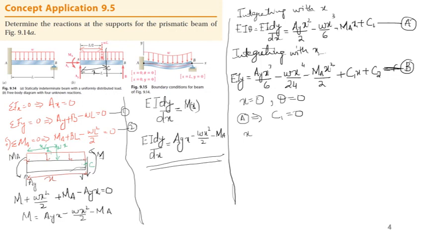And for x is equal to 0, that is at point A, y at A will also be equal to 0. So this leads us to C2 is equal to 0.